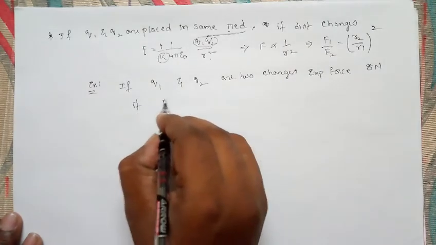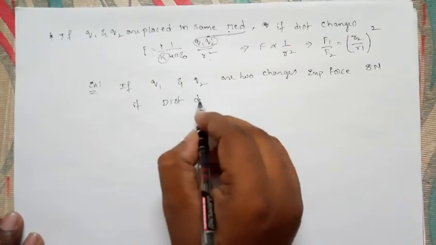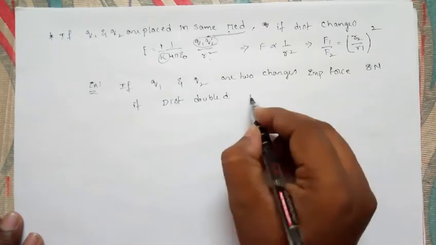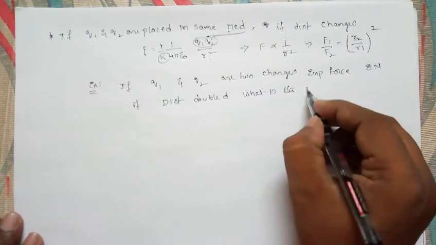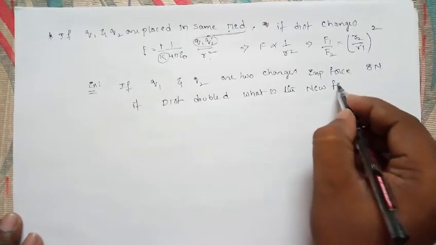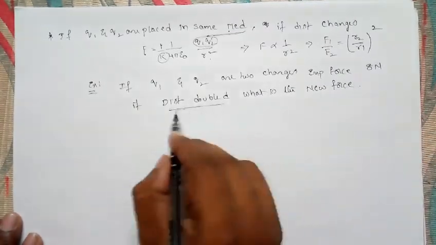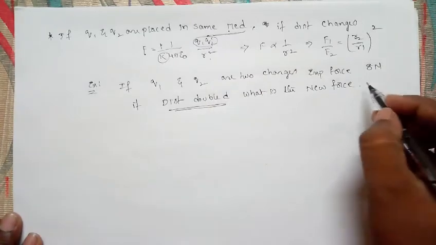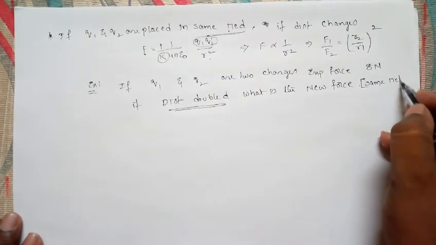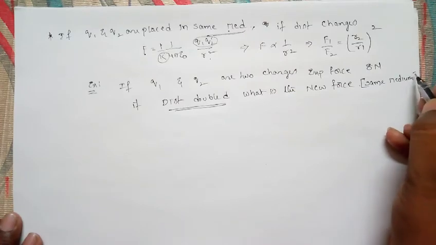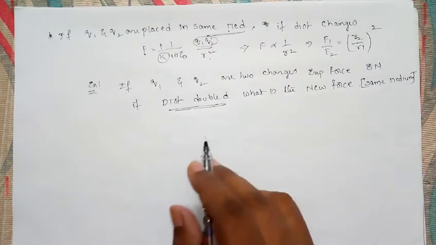If the distance is doubled, what is the new force? Here the distance is made double in the same medium. If they do not mention anything about the medium, it means they are maintaining the same medium.